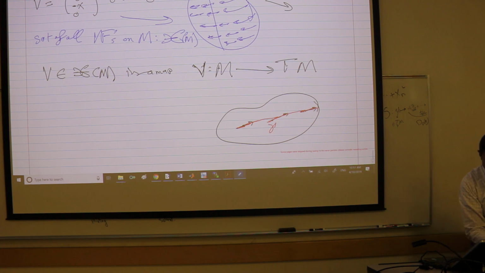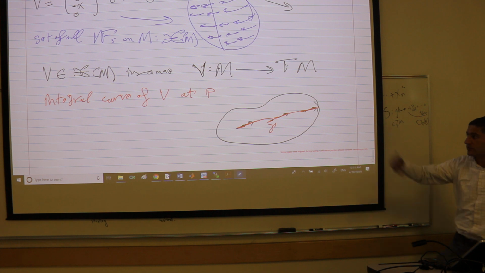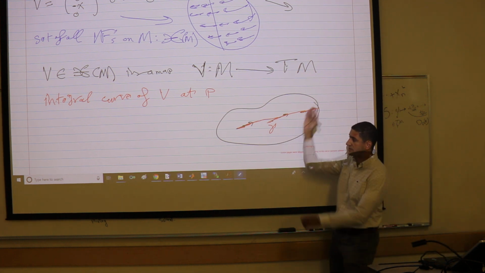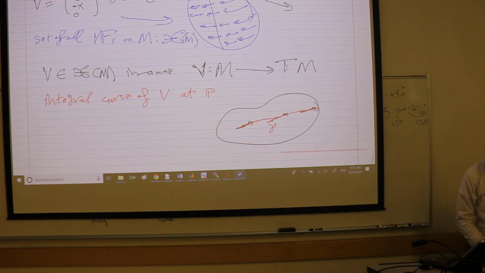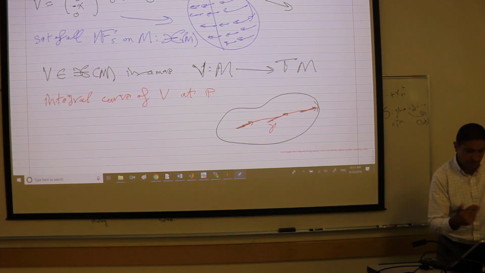And this curve has a name, of course: it's the integral curve of V at P. If you integrate the velocity, you get a curve. This is the integral curve. I guess we'll continue next time from here.